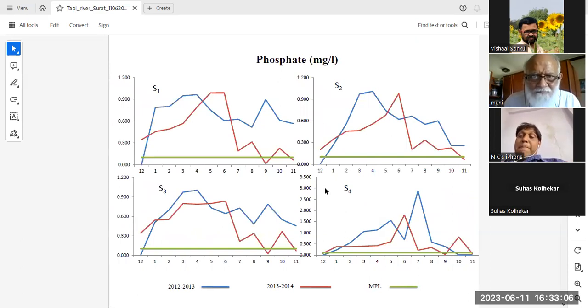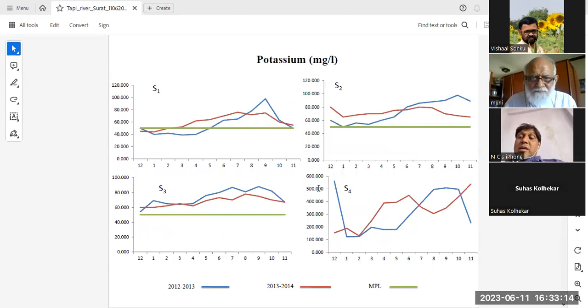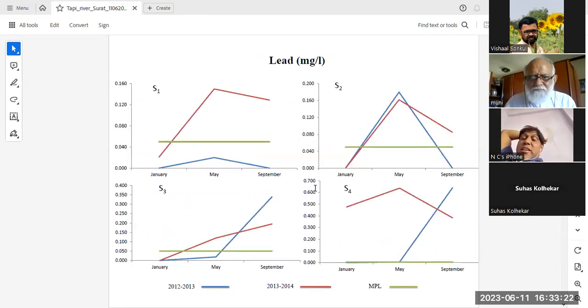Phosphate. Next. Sodium. Potassium. Next, please. Similarly, heavy metals are also analyzed in the water, and we can see that heavy metals are also beyond the limit.